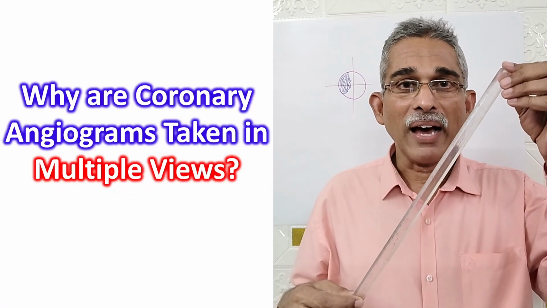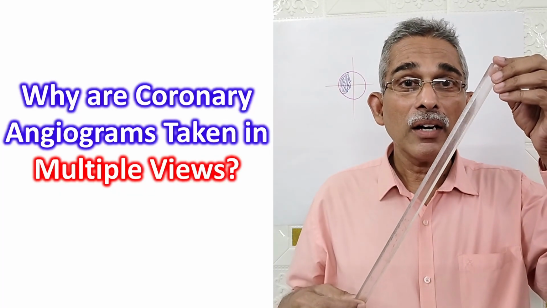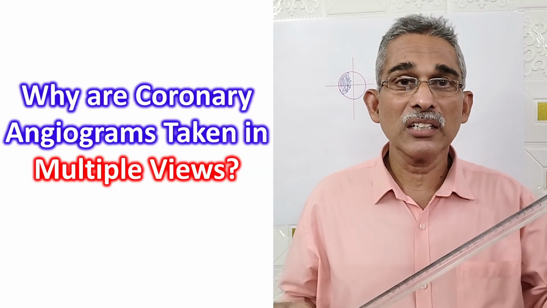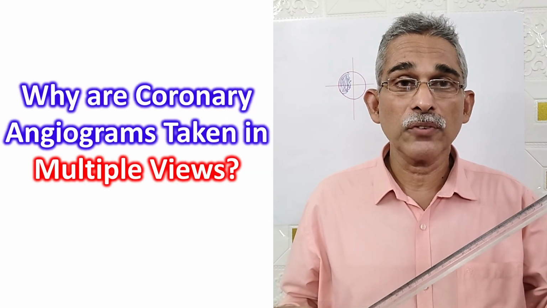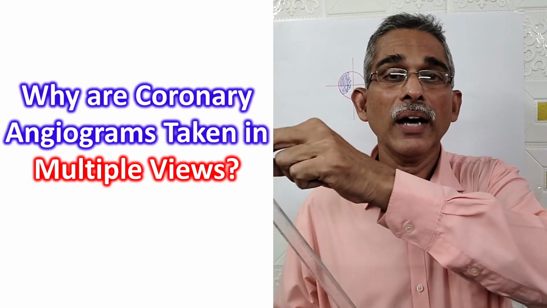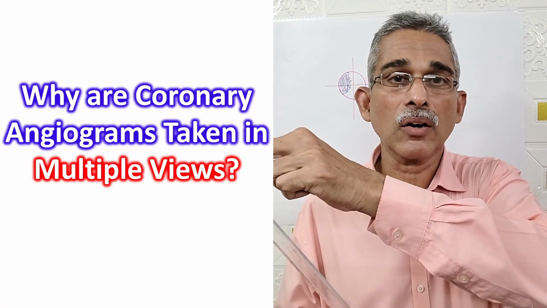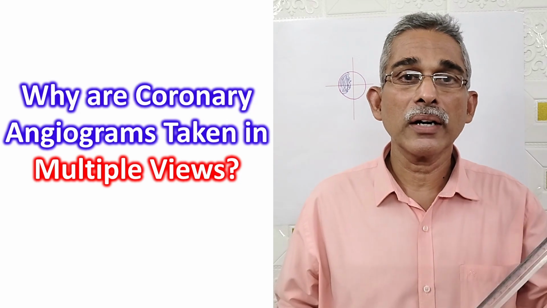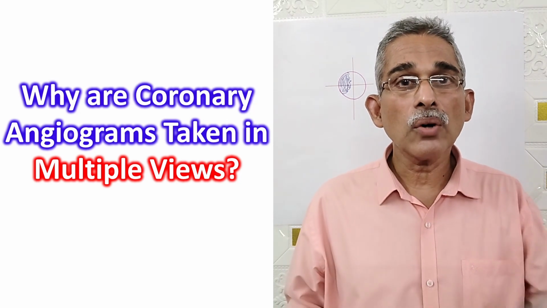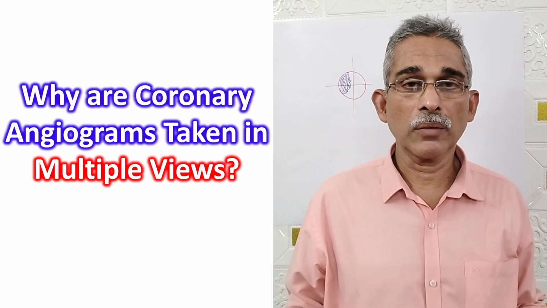But instead of that, in rotational coronary angiography, suppose this is positioned this way at the start of angiogram, it rotates and continuously the images are recorded. It can rotate about 200 to 240 degrees continuously, and throughout the images are captured.